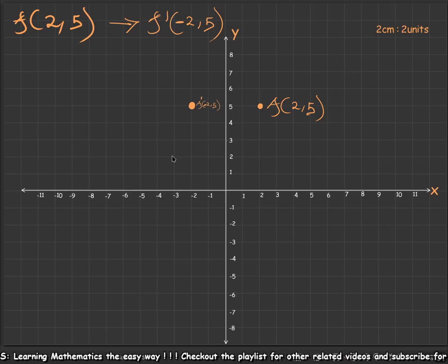Now we are going to take a figure and try to reflect it on the y-axis. But before that, you remember in the previous one, I explained how to do your reflections even if you don't know the formula, or let's say you might have forgotten. So let's apply that here as well.